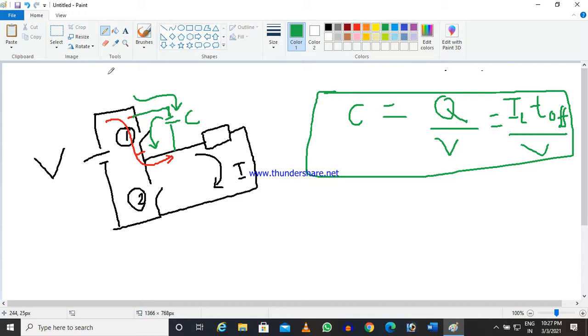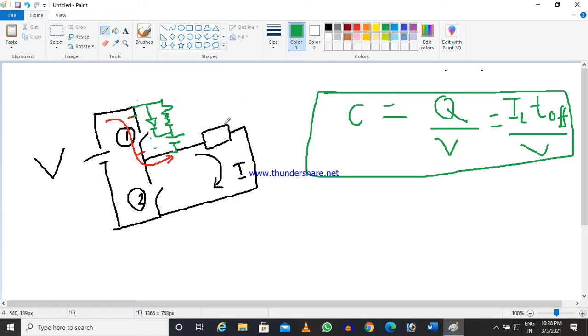Here we have to slightly modify the circuitry. How to do that? Now I will explain so that you will understand. Here, what modification I am doing: I am putting one resistance here, then one capacitance, and here I will be putting one diode.